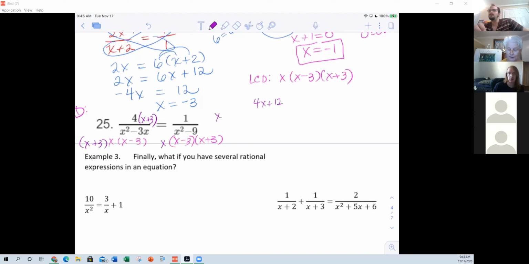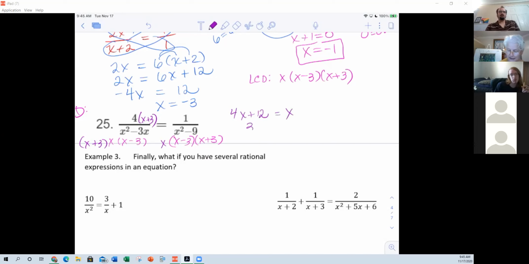Well, actually, I'm not doing it the way I want to do it. If you multiply the whole thing through by the lowest common denominator, that's going to eliminate your denominators. So you're going to wind up with 4x plus 12 equals x.